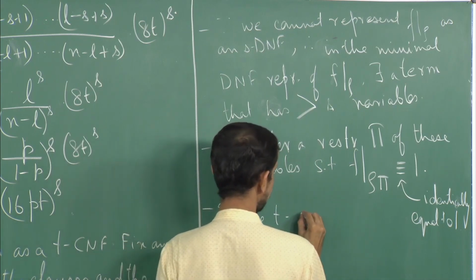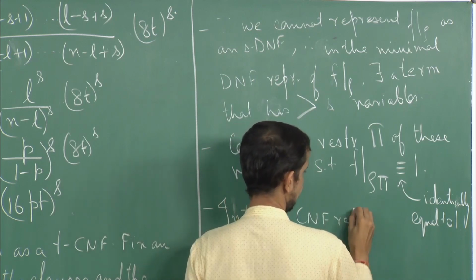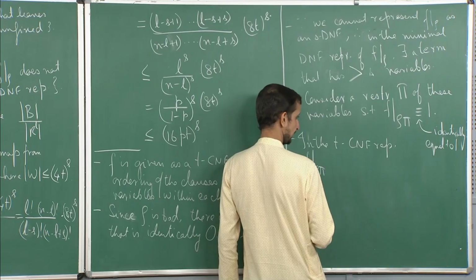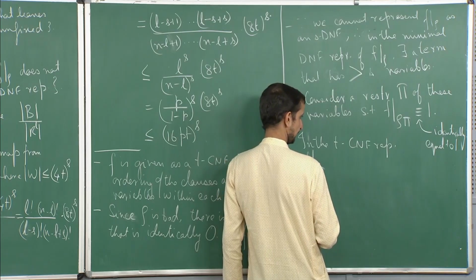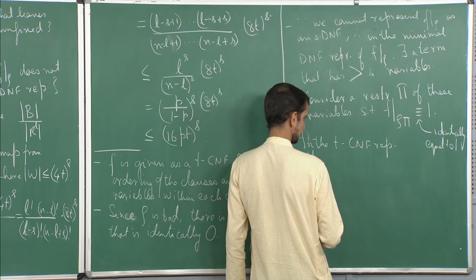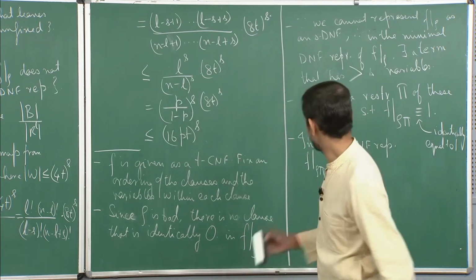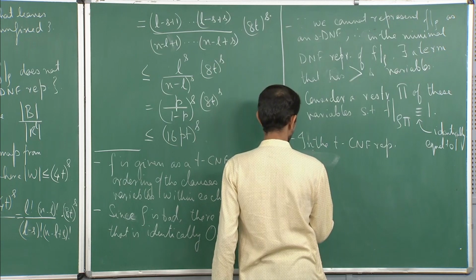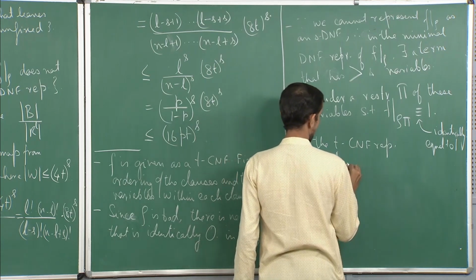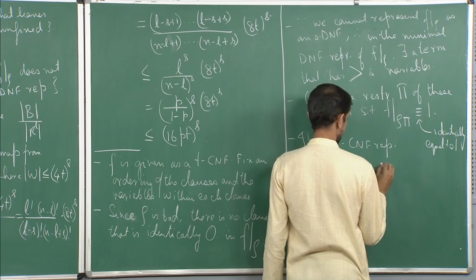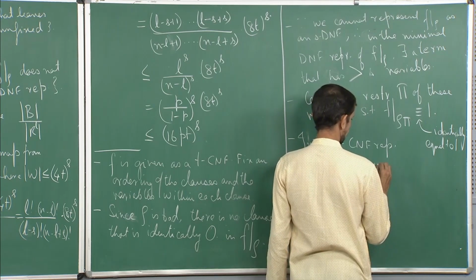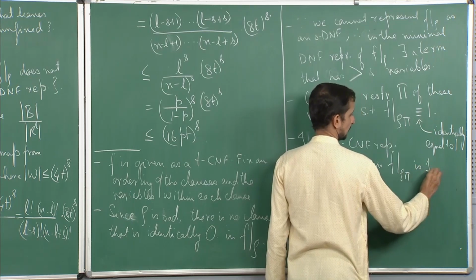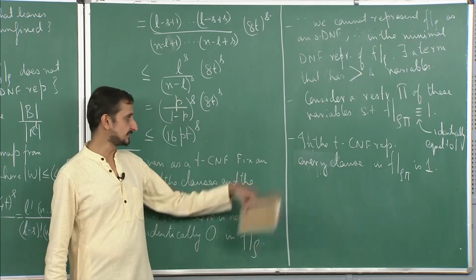In the CNF representation, every clause in f restricted to rho pi is 1, because it is a CNF representation.